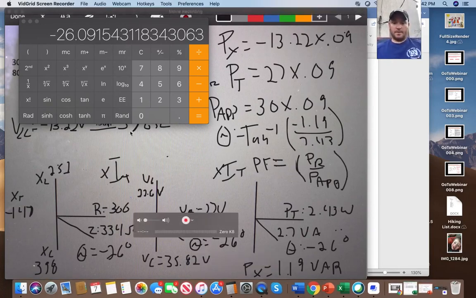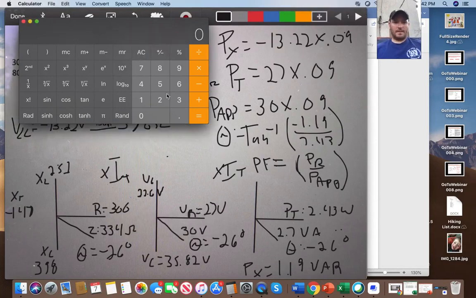So let's go ahead and take 2.43 divided by 2.7, and that equals 0.9. You have a power factor of 0.9, okay? Which means we're pretty darn close to having this as a capacitive and an inductive reactor.